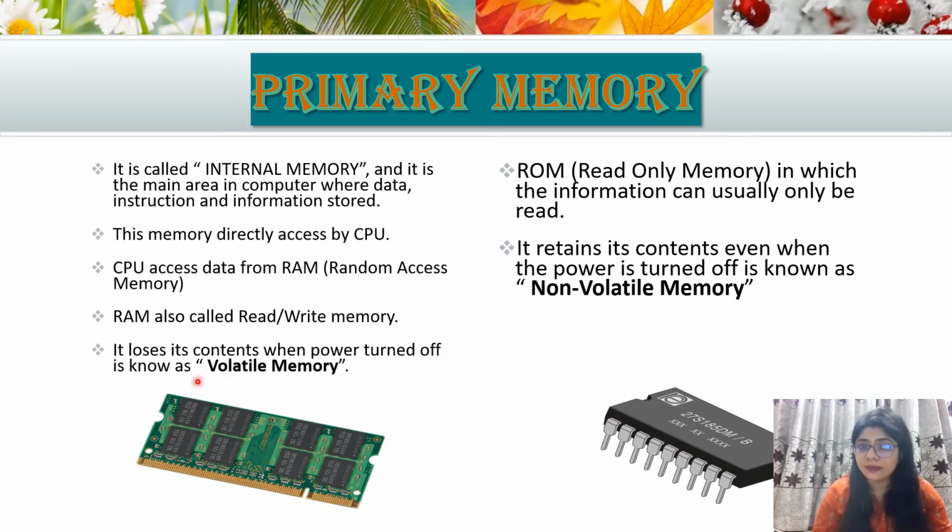Like RAM, what was happening in RAM? The moment power is turned off, whatever is stored washes away. Everything is deleted, but this is not the case with ROM. ROM keeps things in it even if the power is turned off. That is why it is called non-volatile memory.